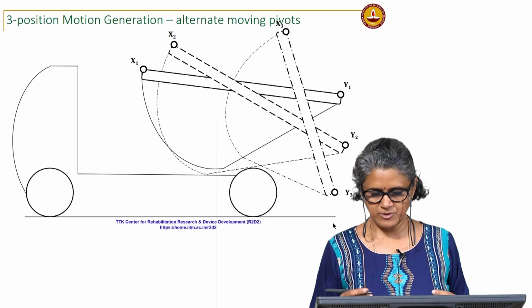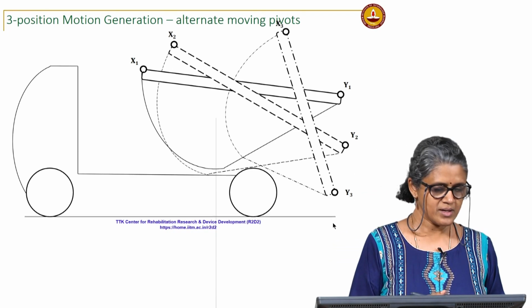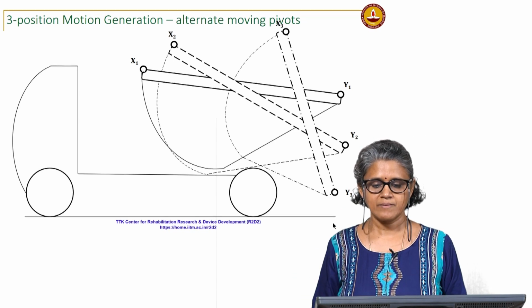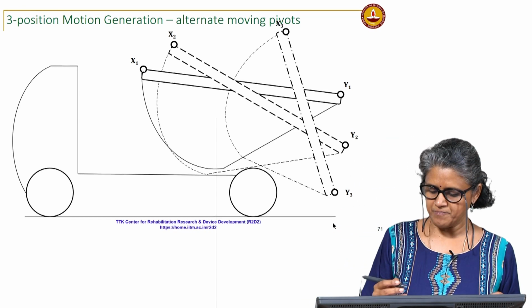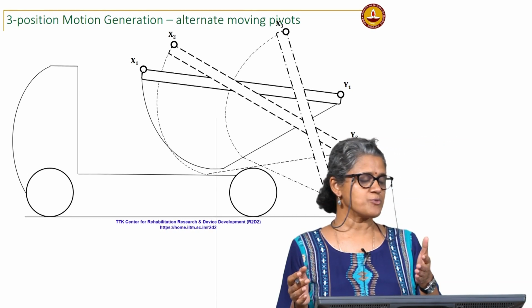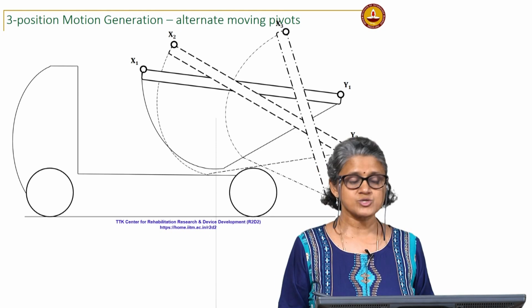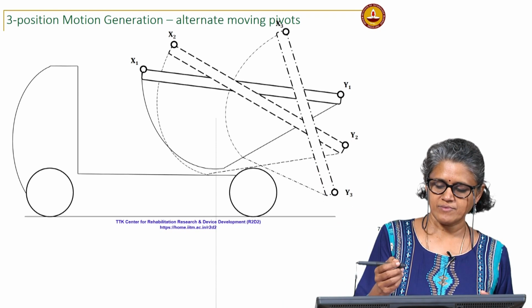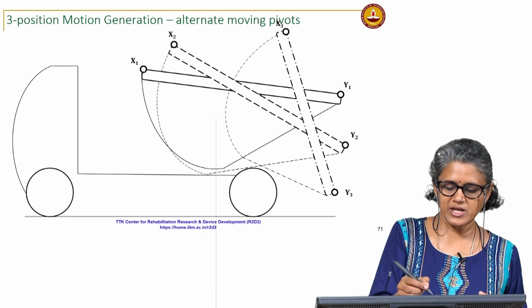Last class we were looking at 3 position motion generation, and essentially if your first choice of moving pivots does not give you suitable fixed pivots, then you have infinity square choices.